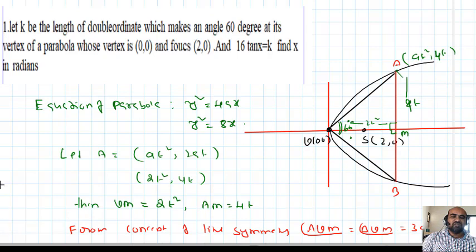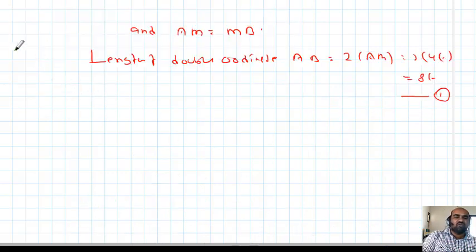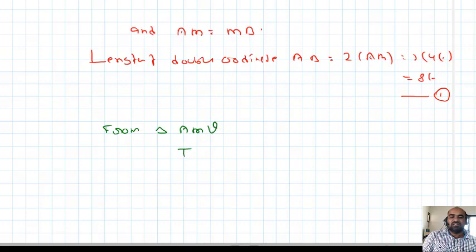By using the right triangle AMV, tan 30 degrees equals AM by VM.